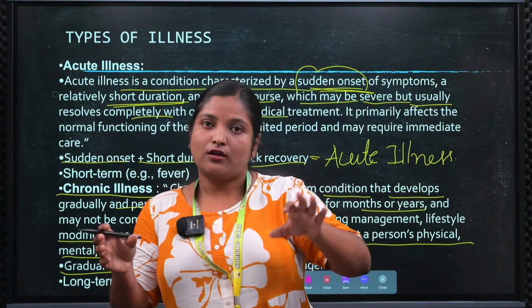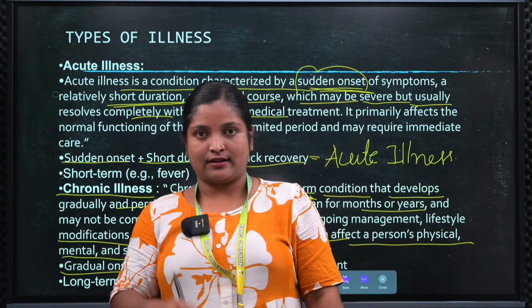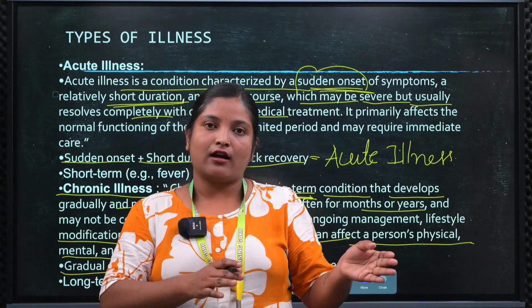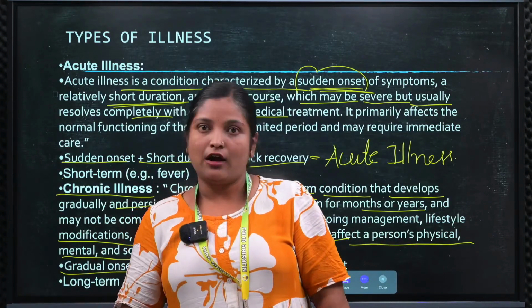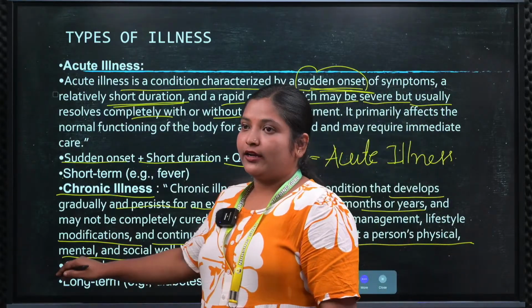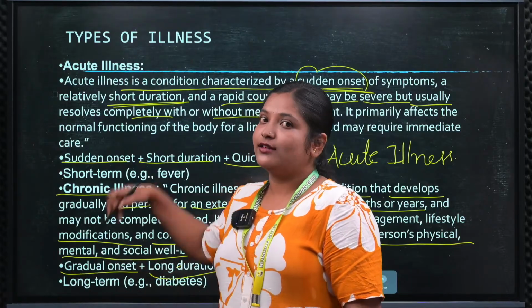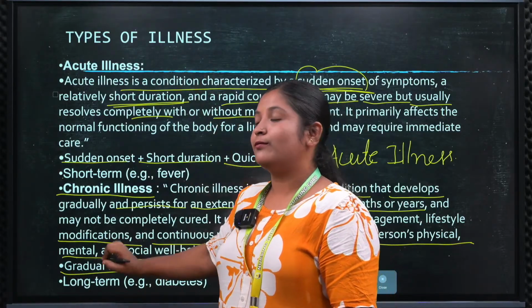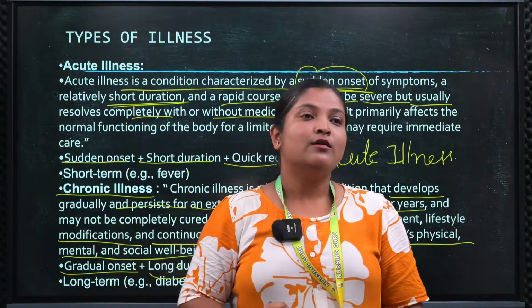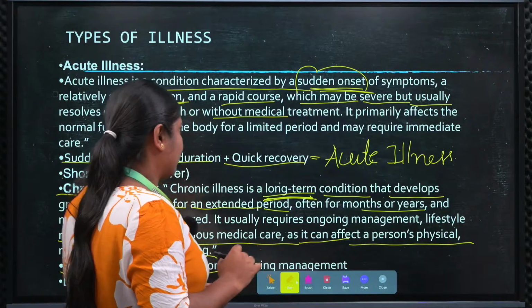So it keeps on going with the management of your disease condition, how you care is how it will react with your body. So it is a tip to remember this one. Here you can remember this one as long term also. So acute means short term, chronic means long term. For example, diabetes. Okay, next we can move to the next topic.